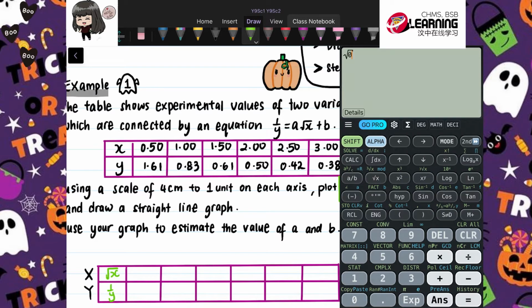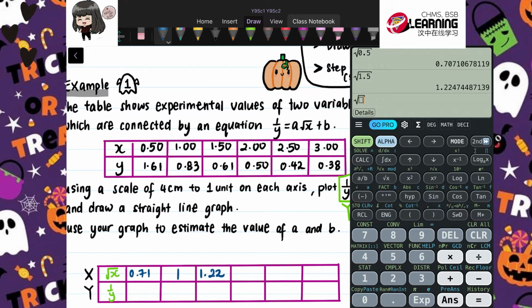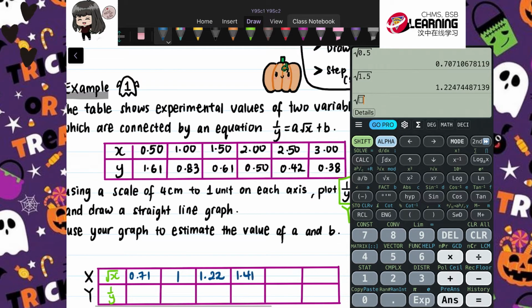So square root of 0.5, I get 0.71. 2 decimal places is enough. And then square root of 1 is 1. Square root of 1.5 is 1.22. Then square root of 2 is 1.41.